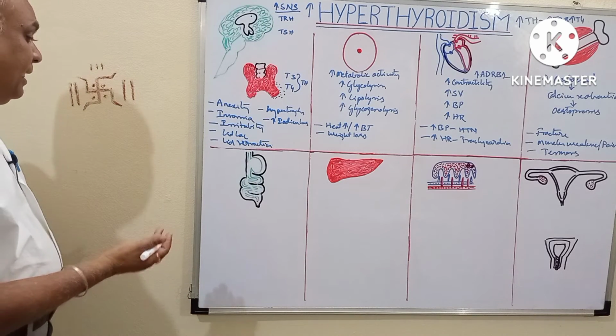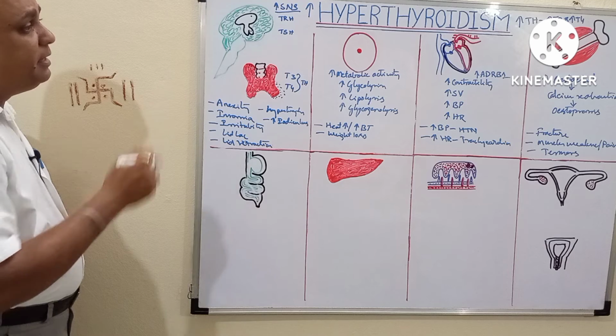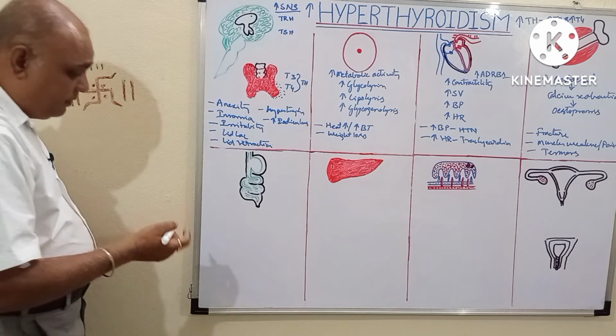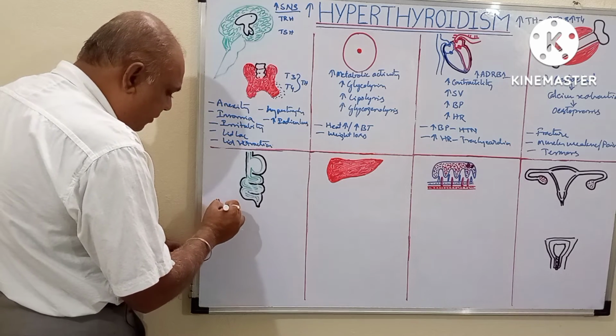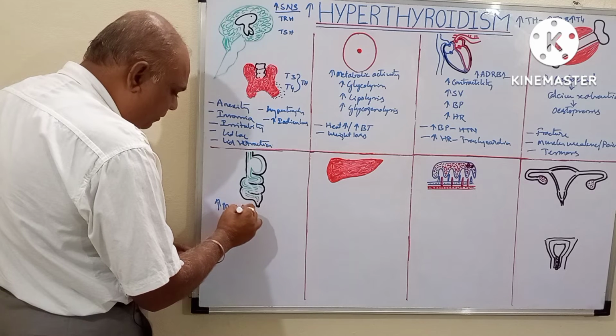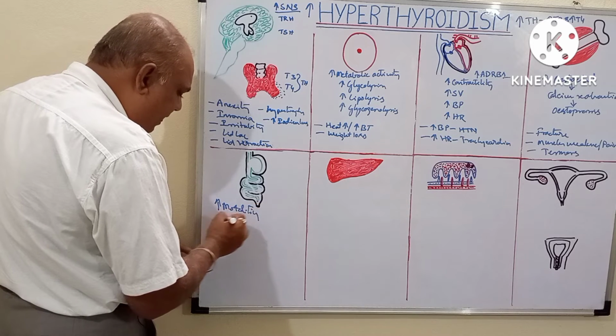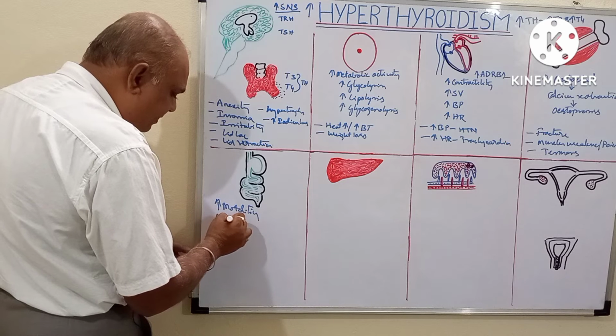Now, in the gastrointestinal tract, the increased thyroid hormone level will increase the motility and it will increase the secretion.